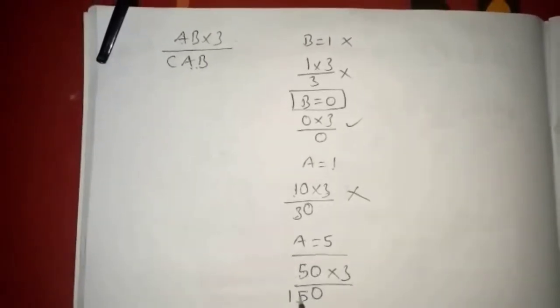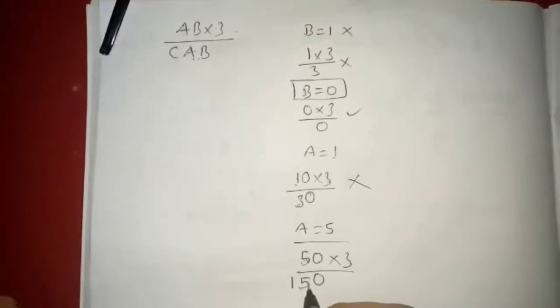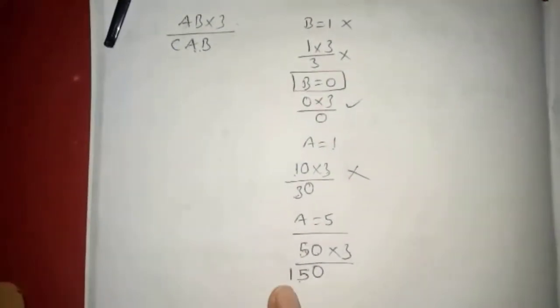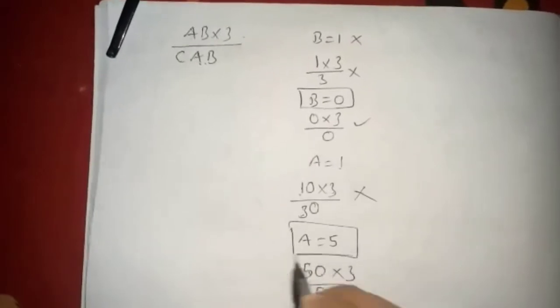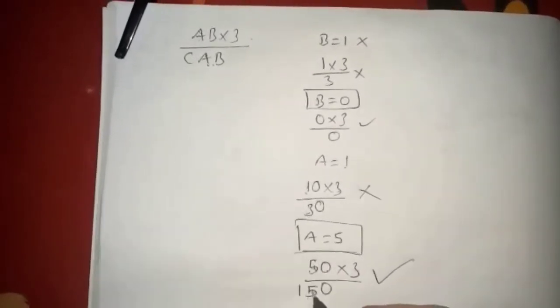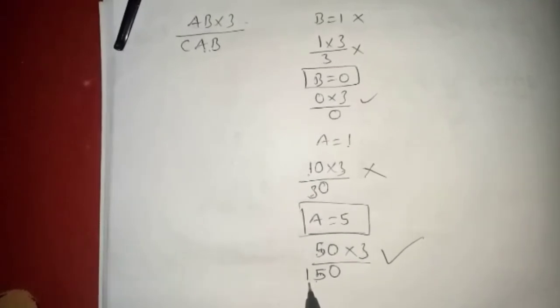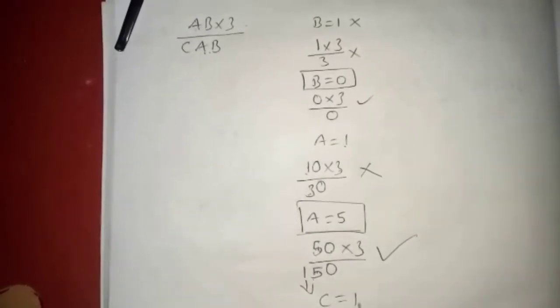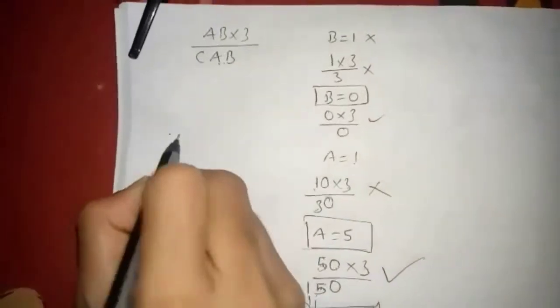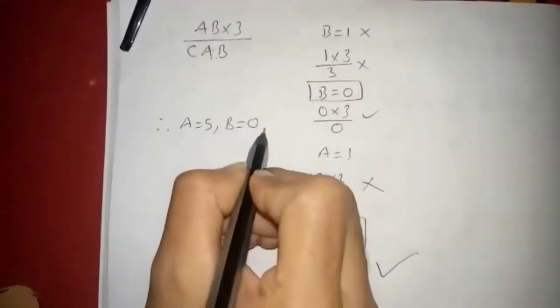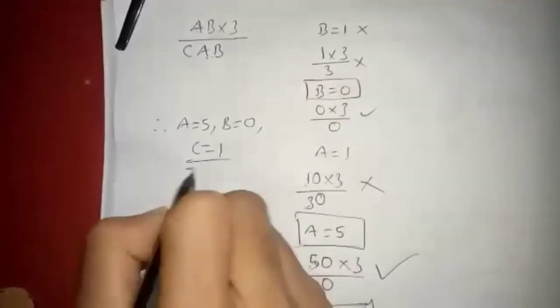See, you got the same, right? So A will be 5. This is the correct answer because you got the same. Then you got the C also. C is what? 1. C is equal to 1. Therefore the values are A equals to 5, B equals to 0 and C equals to 1.